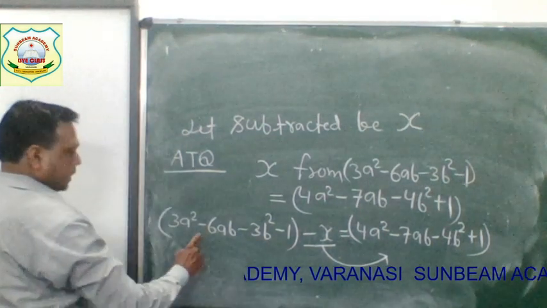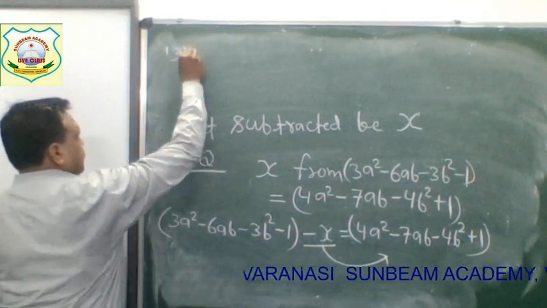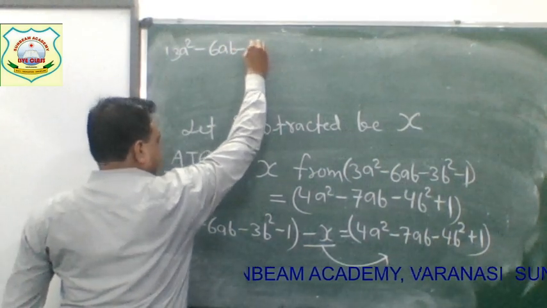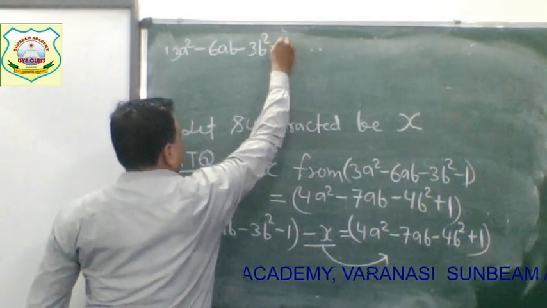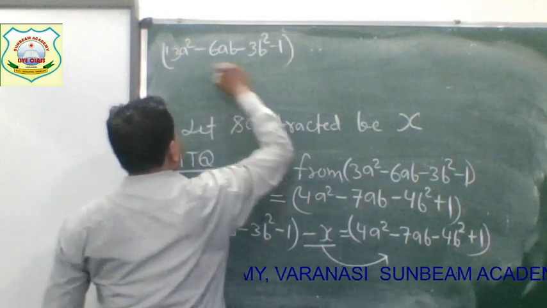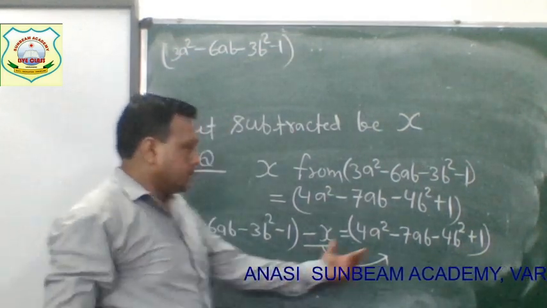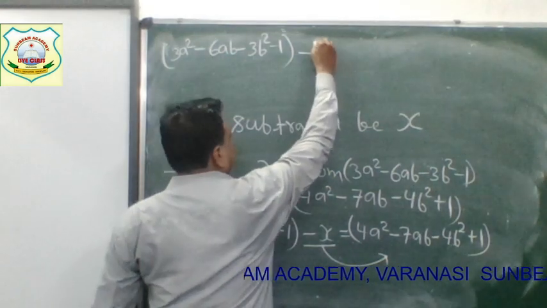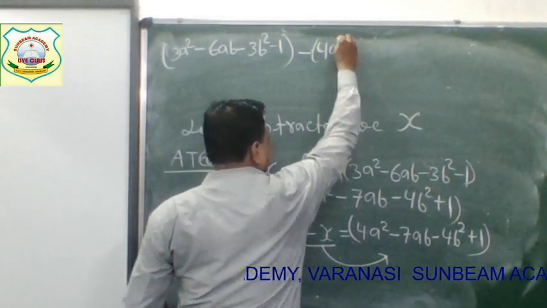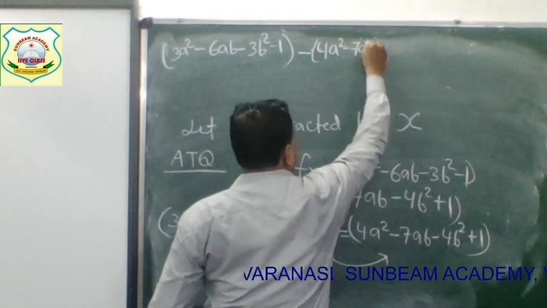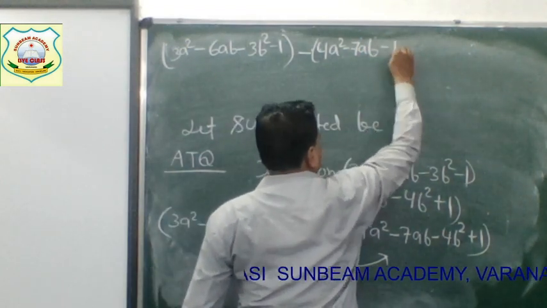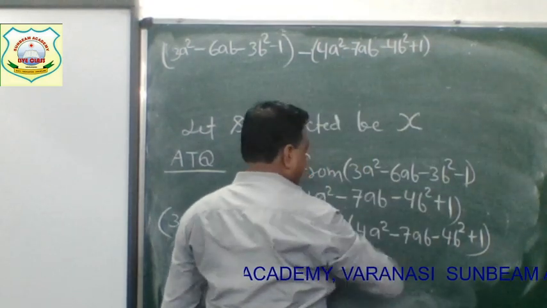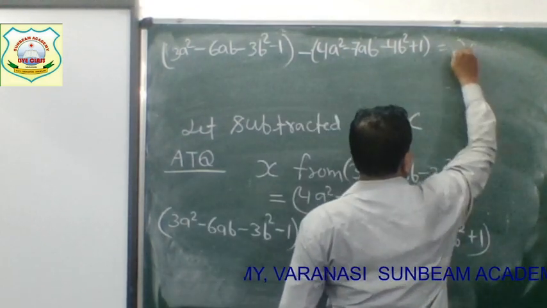We will write first this one, 3a square minus 6ab minus 3b square minus 1 in bracket. Then this whole value coming to this side will be minus 4a square minus 7ab minus 4b square plus 1, and x will go that side, that will equal x.